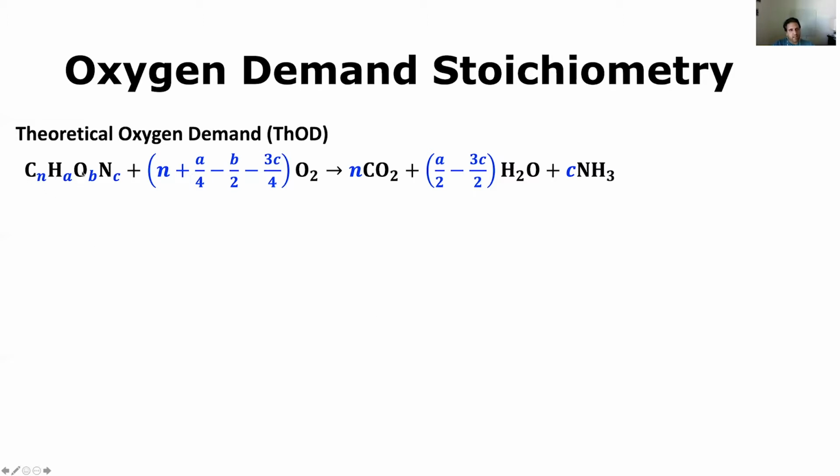Let's say it's an organic molecule with the formula CnHaObNc. Depending on the relative contribution of these different elements in the molecule, that would determine how many moles of oxygen in relation to how many moles of that constituent, which we could use in the stoichiometry to determine the oxygen demand.